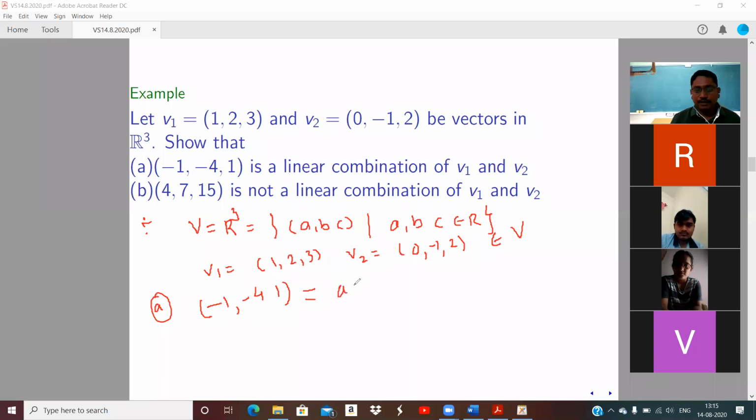You have to find a and b. What are a and b to get this vector? We know how to solve such a system of equations. V1 is (1, 2, 3) and V2 is (0, -1, 2).